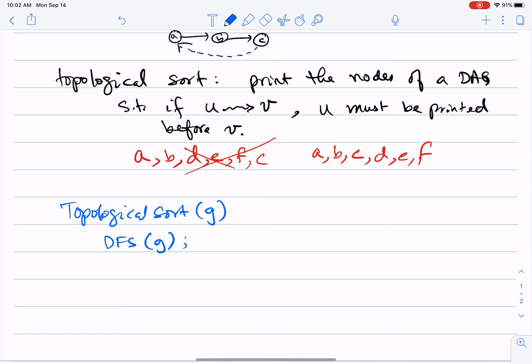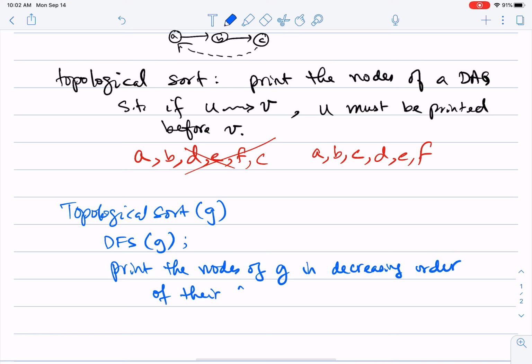We compute the finish time for all the nodes in the graph, and we can now print the nodes of G in decreasing order of their finish time. Because remember, if there is a path from A to B to C, and I started the visiting from A, A is going to be finished last. So the finish time of A is going to be the highest.